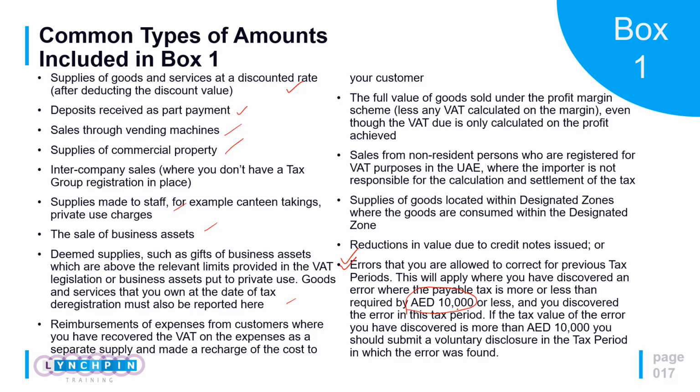But in case if the error value ultimately ended into an output VAT which is less than 10k, in that case you will not file any separate VAT disclosure. Now in your first VAT return it will not be applicable because it's your first VAT return, so in that case you will have no error.